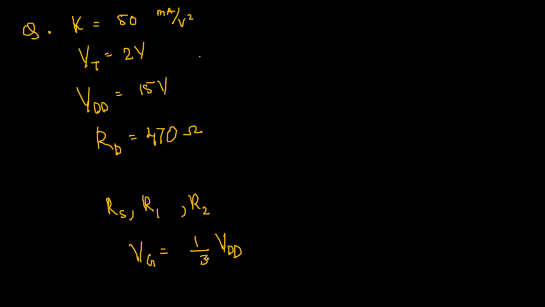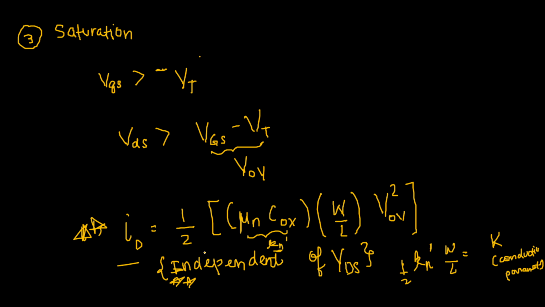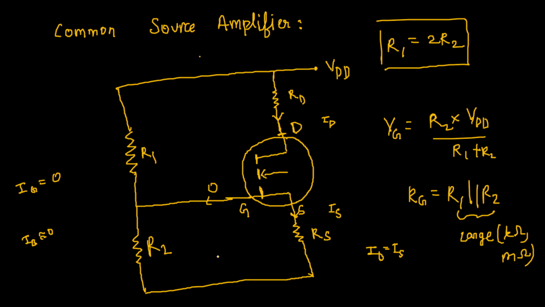Okay, so this is the question. So now let's get started. We'll try and find everything that is given here. So the first step is, there are a few approximations which we always take here.